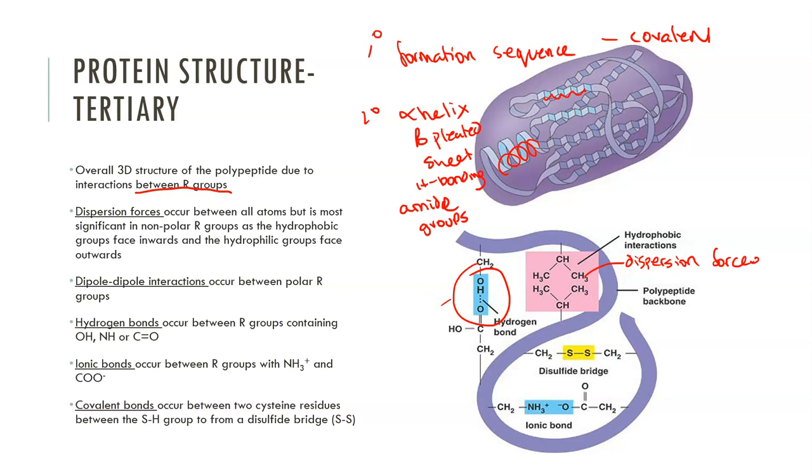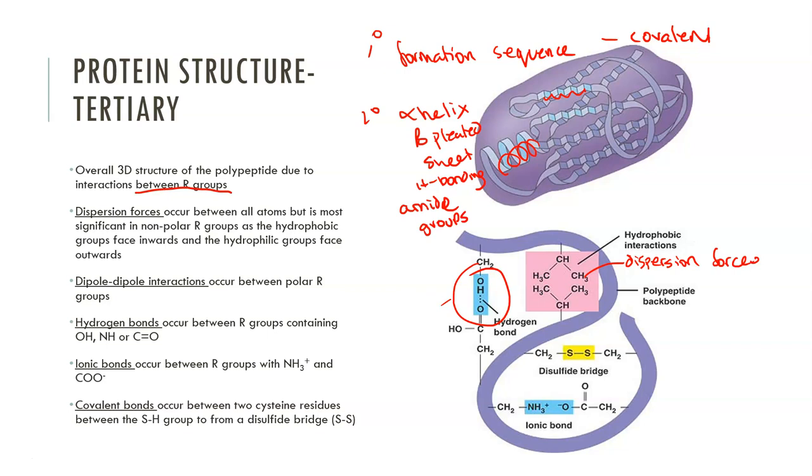Dipole-dipole interactions occur for amino acids that contain sulfur, such as methionine, or our non-protonatable nitrogen groups such as histidine. These will form dipole-dipole interactions, polar groups that do not form hydrogen bonds.